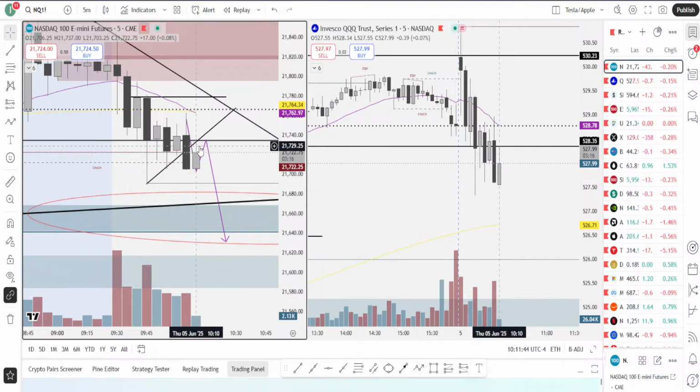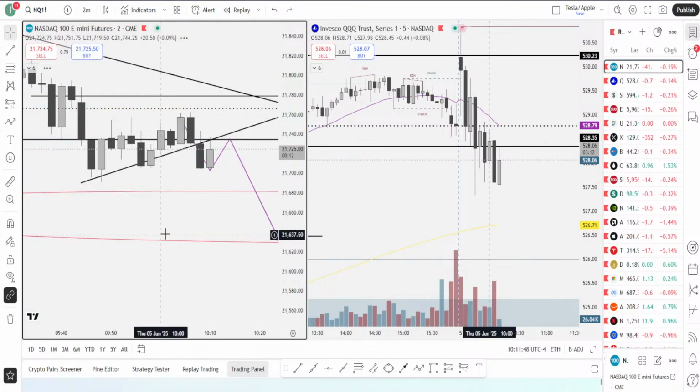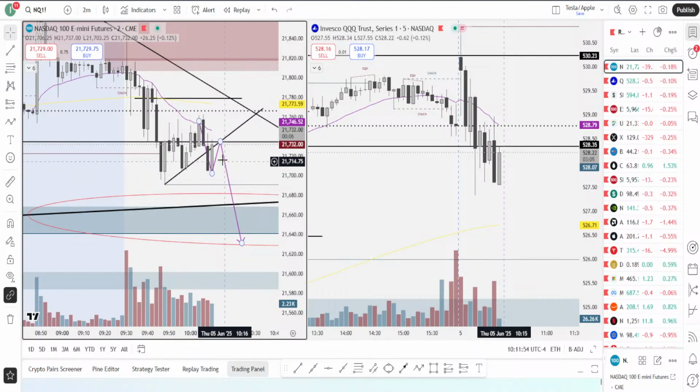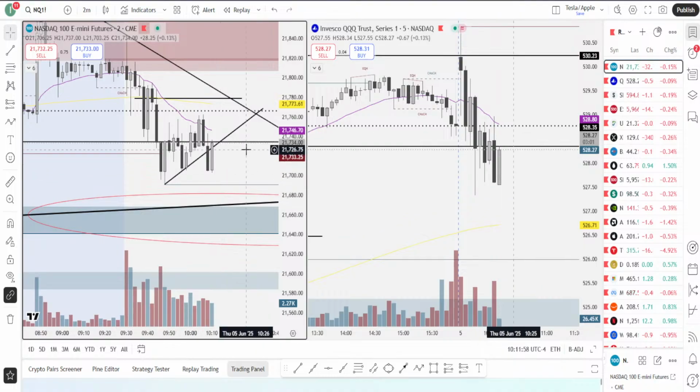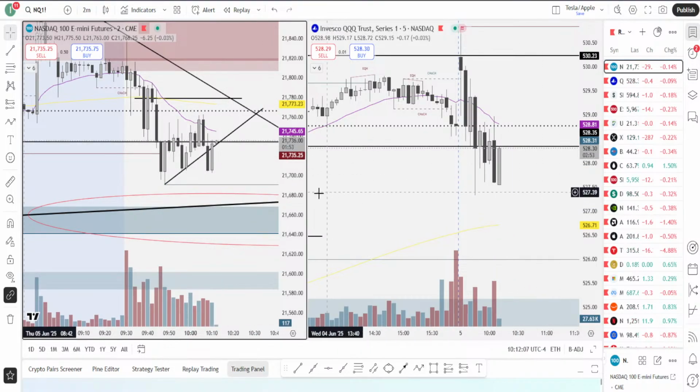There's that pullback and retest. It's going to a lower time frame here, so you better get a better look. There it is. I want to see candlesticks hold below this 21 EMA here.